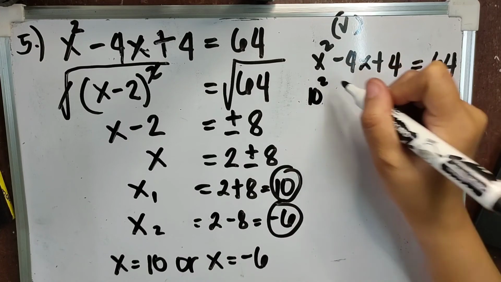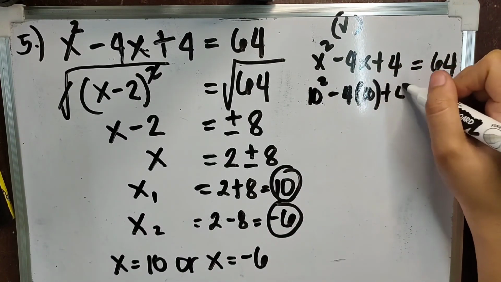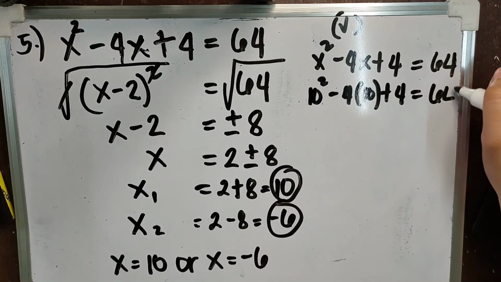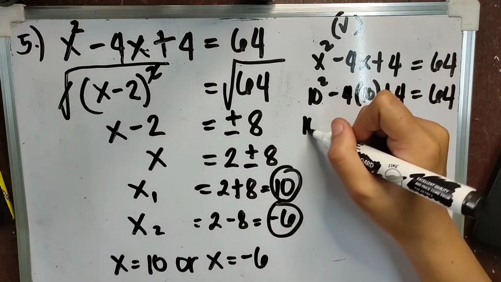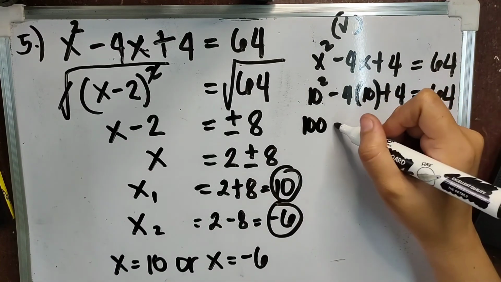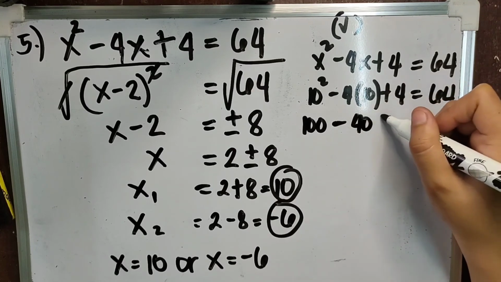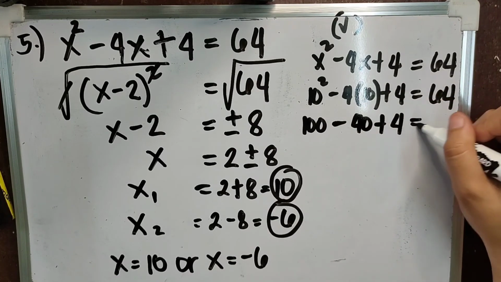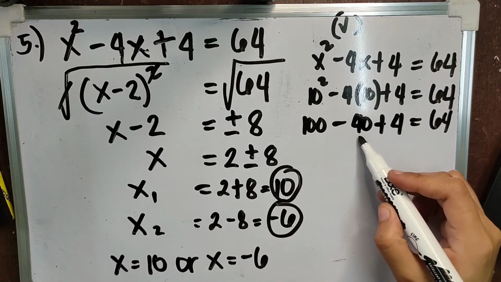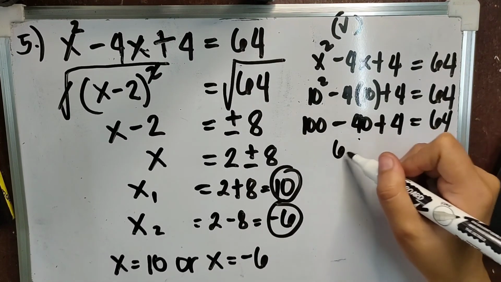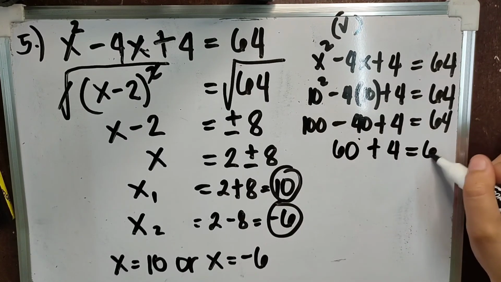So we have 10 squared minus 4 times 10 plus 4 equals 64. 10 times 10 or 10 squared is 100 minus 40 plus 4 equals 64. 100 minus 40 is 60 plus 4 equals 64.